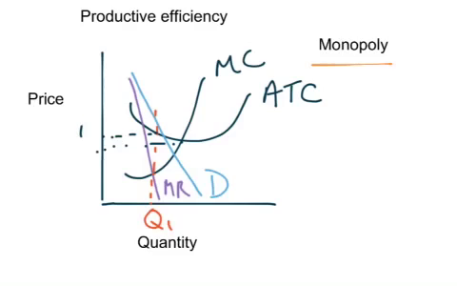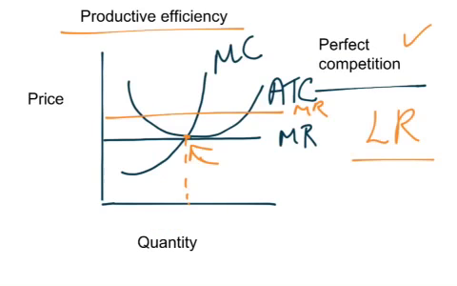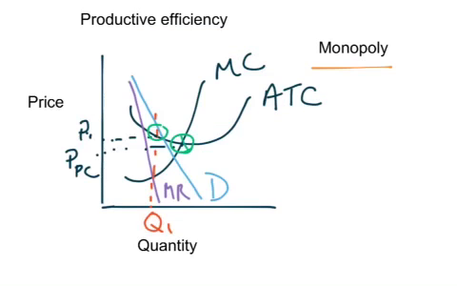So in this case, P1 is not the same price that you would have in perfect competition because it's not at the low point of the ATC. Where they're producing instead is at a lower quantity and a higher cost of production. Because remember, if we go back, for perfect competition, they were producing at the low point of the ATC. This one is not producing at the low point of the ATC.